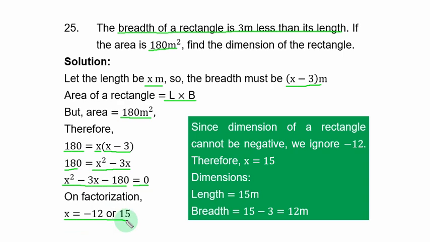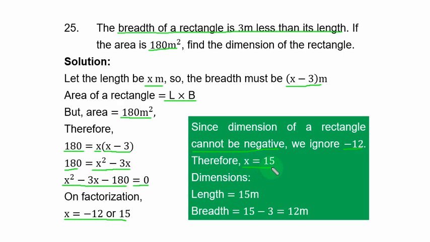This answer is very clear. Since the dimension of a rectangle cannot be negative, we ignore minus 12. When you are taking measurement, we don't have negative measurement, so we ignore minus 12 and retain s equal to 15.